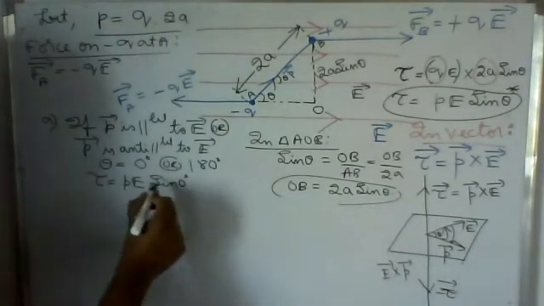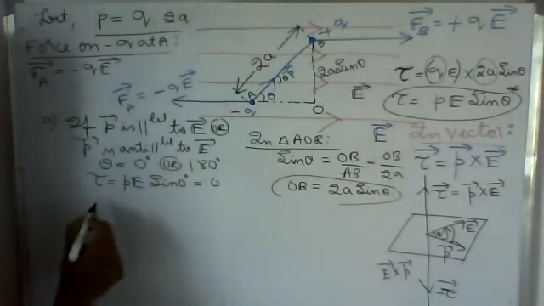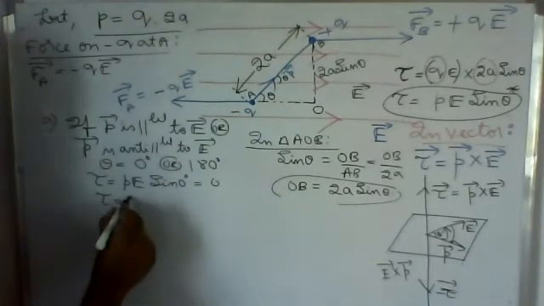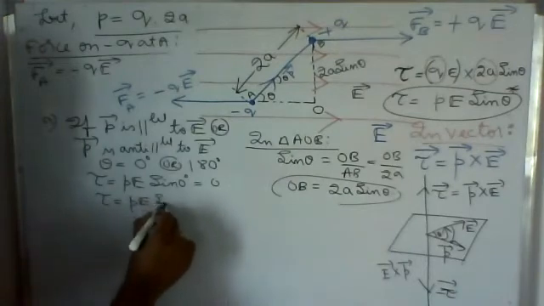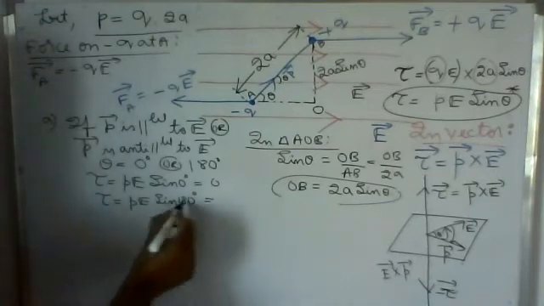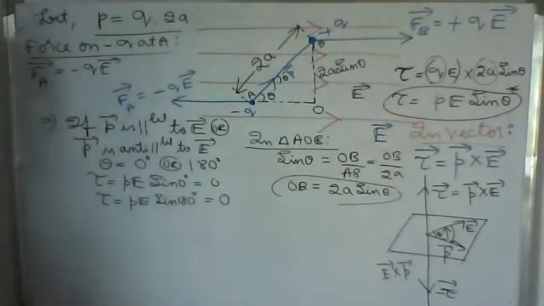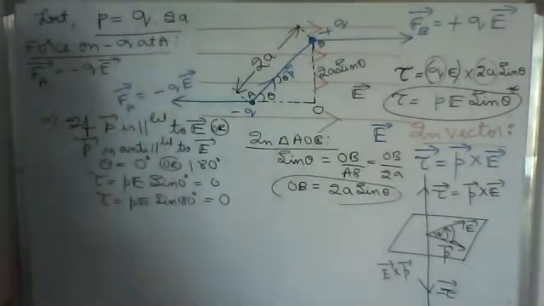Sine 0 is 0, and 0 into anything is 0. If P is anti-parallel to E, tau is equal to PE sine 180. Sine 180 degrees is 0. So in this case also torque is minimum, that is equal to 0.